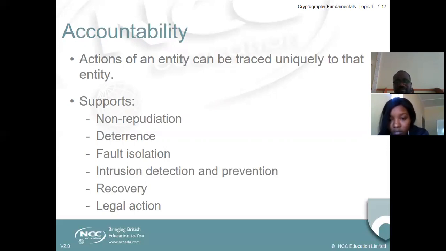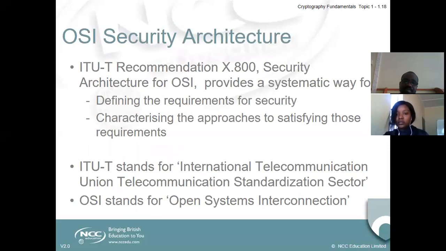If there are some people logged in, or if there are some errors, or if there are some hackers, or if there's some malware, you're trying to detect the intruder. Is there any intruder in the system? So you can detect that. You can configure the IDS, intrusion detection system, in files, or including in the routers, or on its own. Then recovery and legal action. So these are what accountability supports.